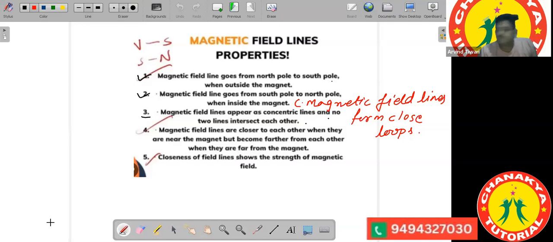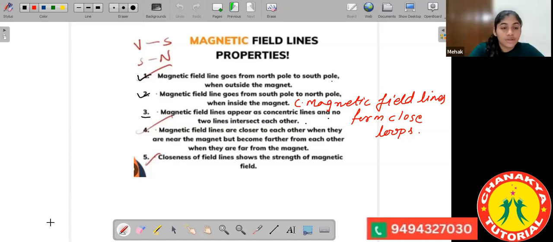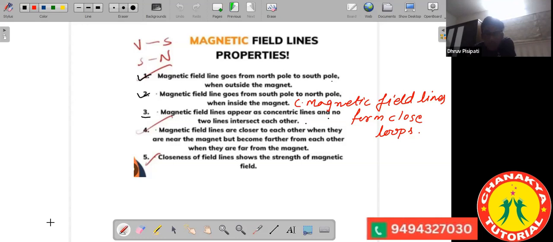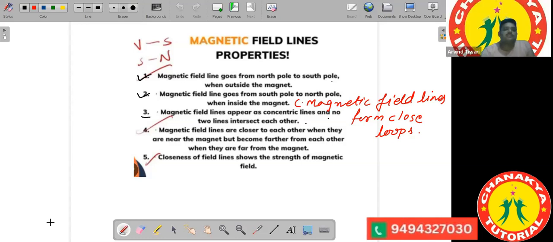Mehak, have you done? No, sir, I'm doing one. Okay. Dhruv, are you drawing or have you done it? Sir, I'm doing it. Okay.